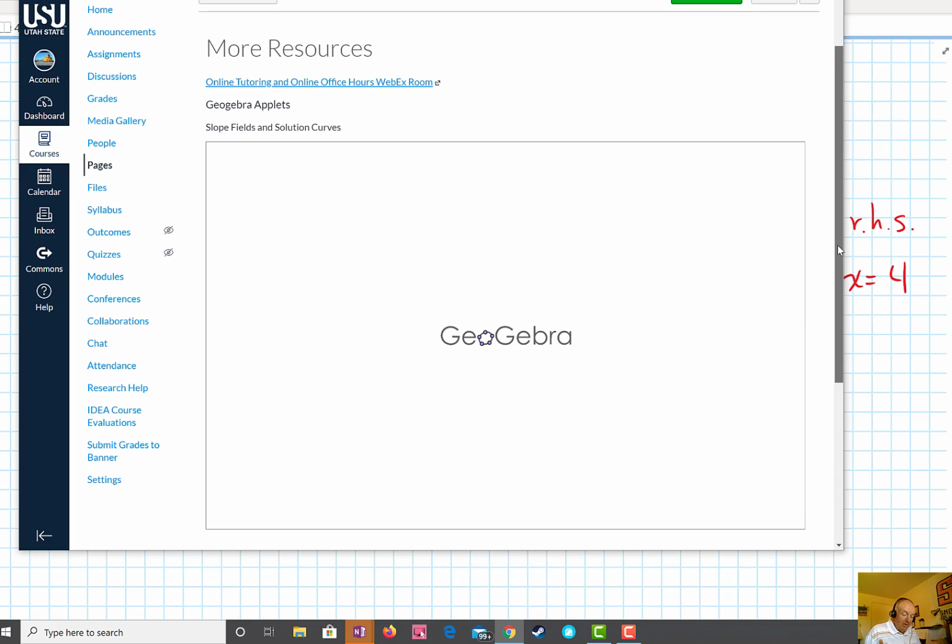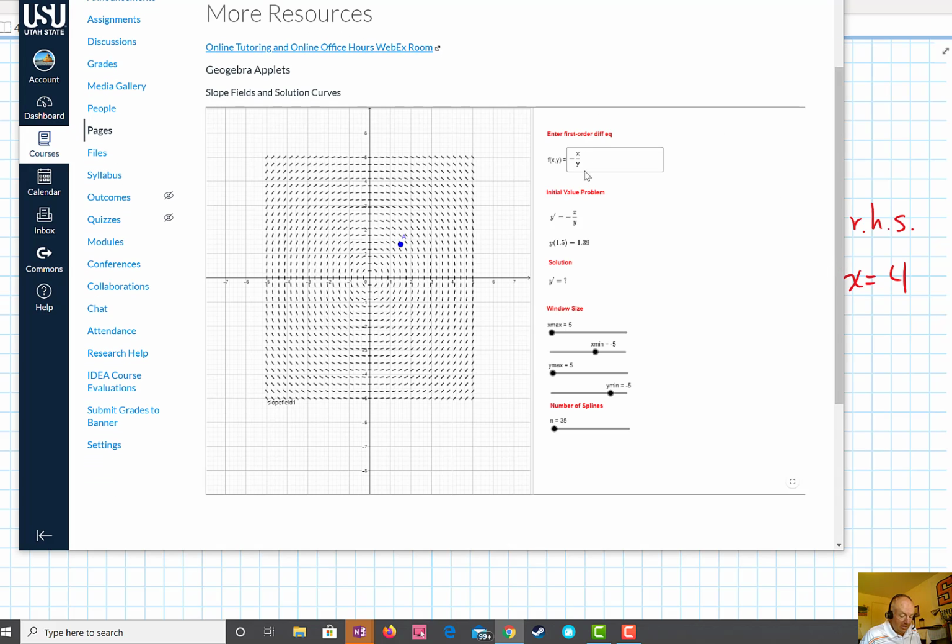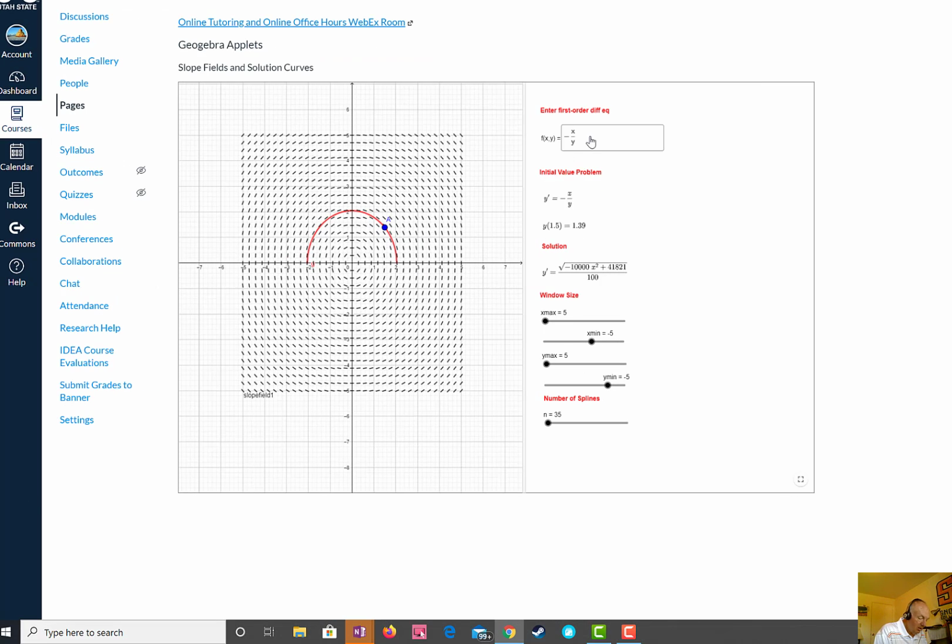You can still jump into GeoGebra and use all its functionality. But if you just need something quick, like we're going to use here, this just quickly creates a slope field, and it also graphs solution curves for a given initial condition.